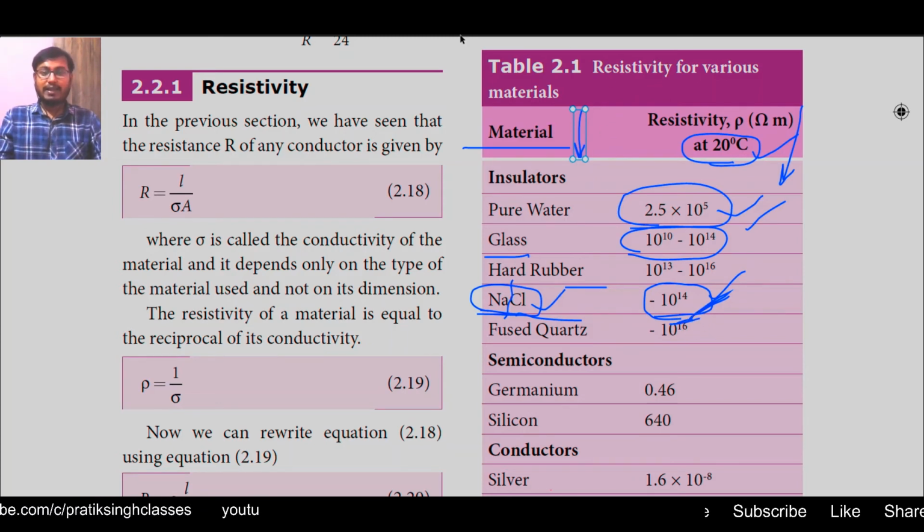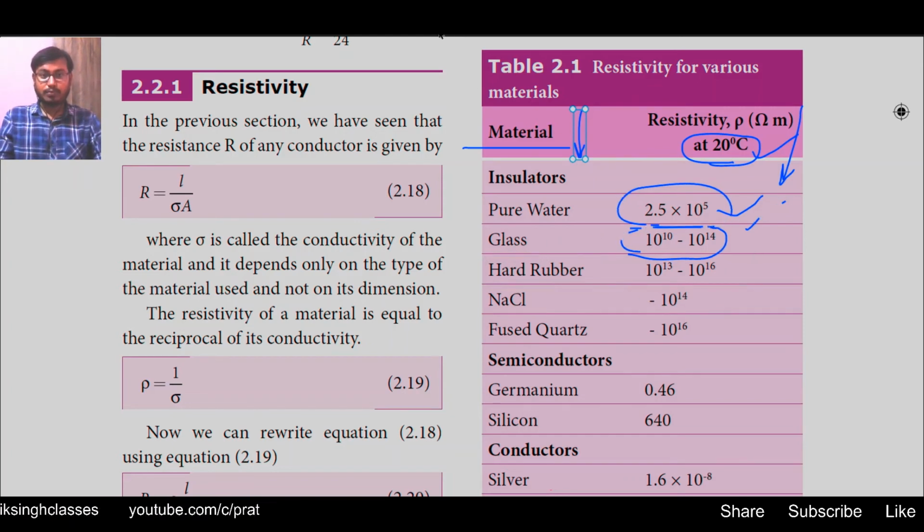So pure water is a bad conductor of electricity, but if just a pinch of salt is added, the salt solution becomes a good conductor because of the high amount of charges available. Then fused quartz, 10 to the power 16, very high resistivity.